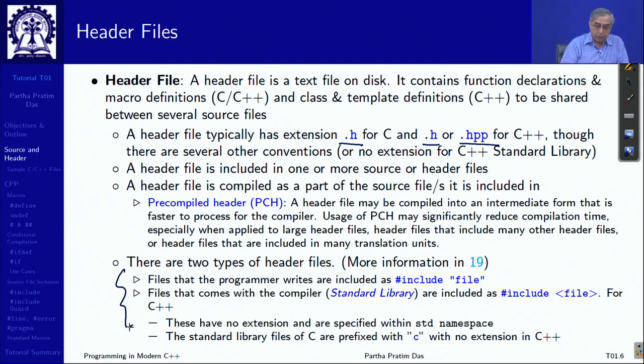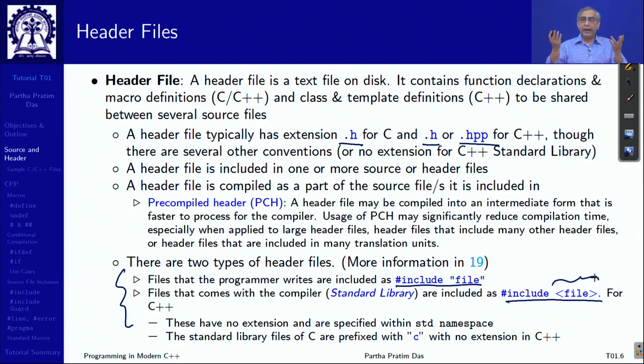The important thing to note is there are 2 conventions for including a header file: double quotes to be used when the header is written by you, the application programmer, and corner brackets should be used for library inclusion.